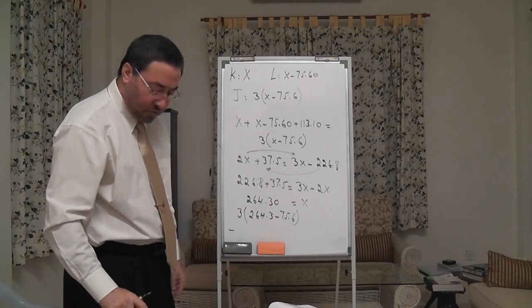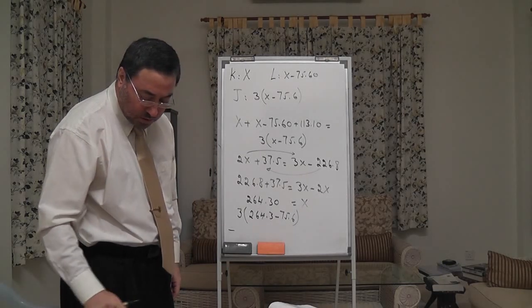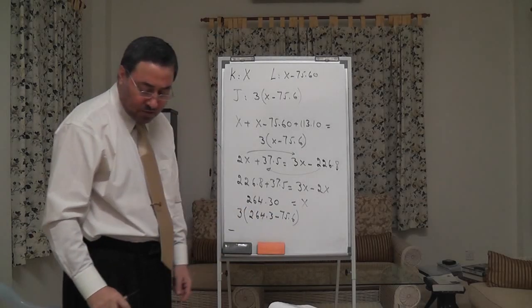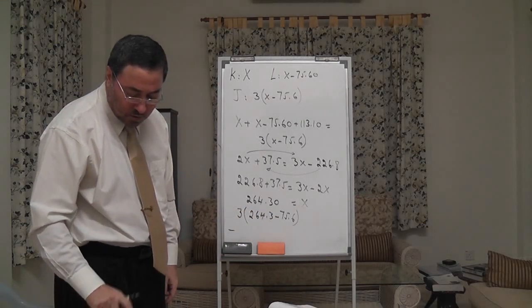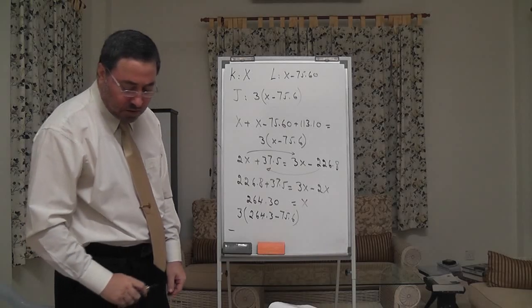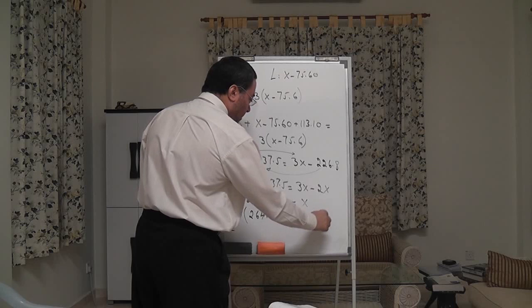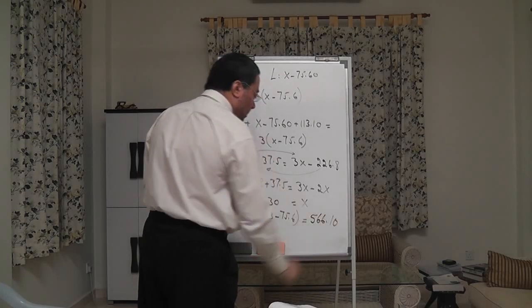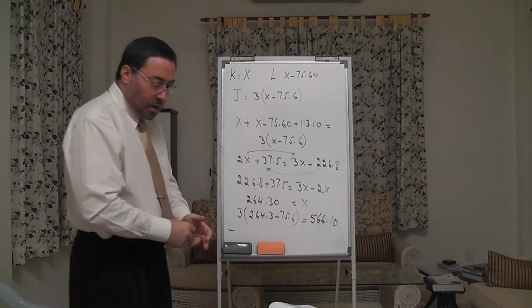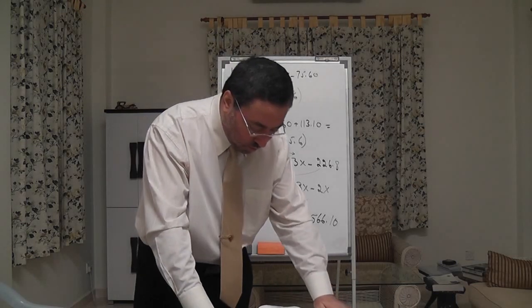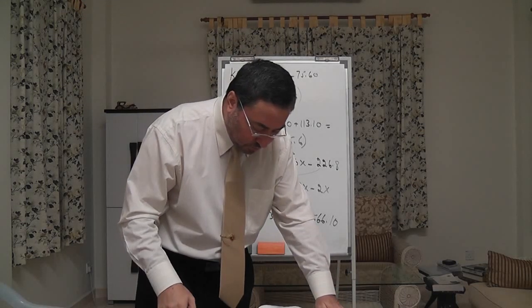So 75.6, that's 188.7 times 3, and that's equal to 566.10. Next, we will do number 34.